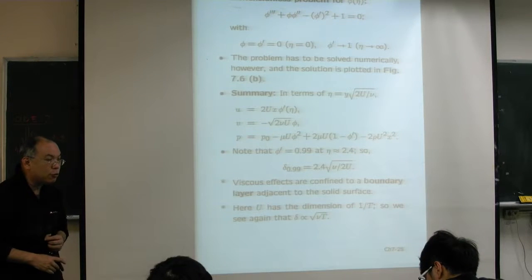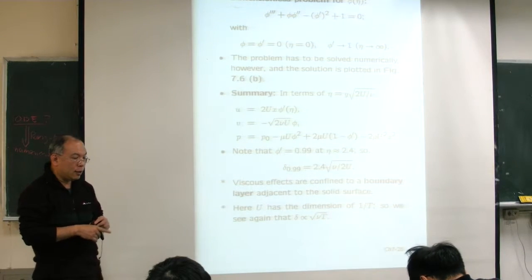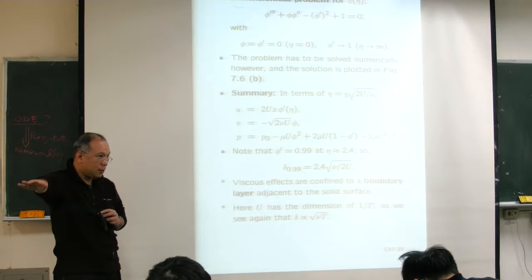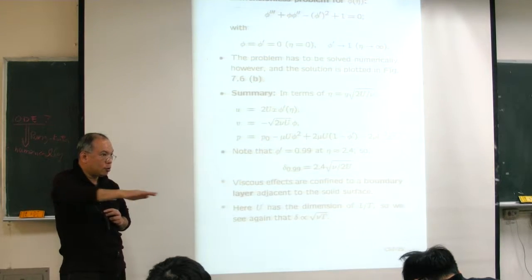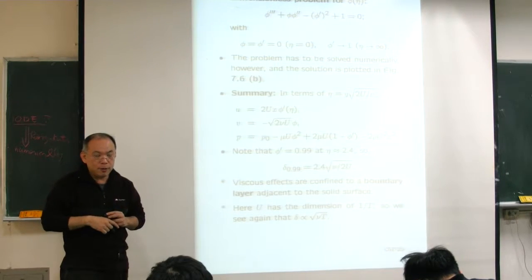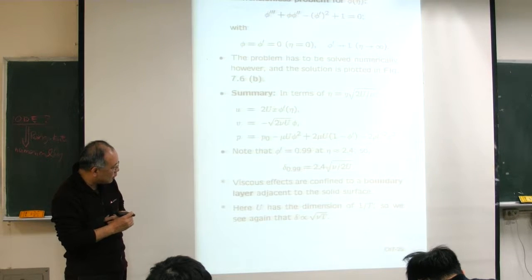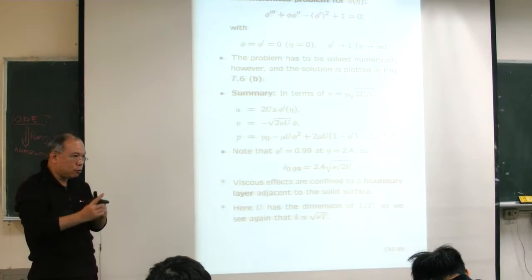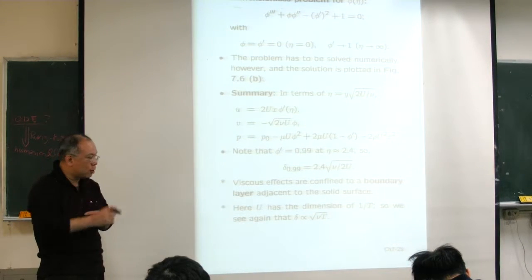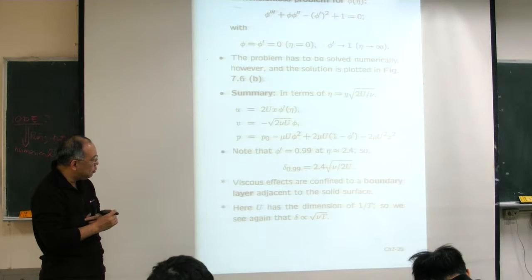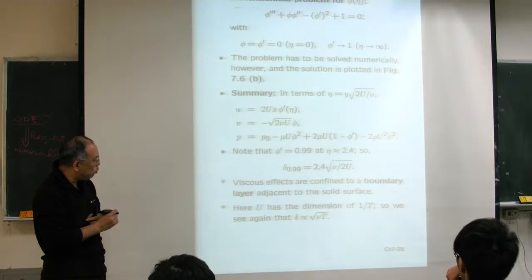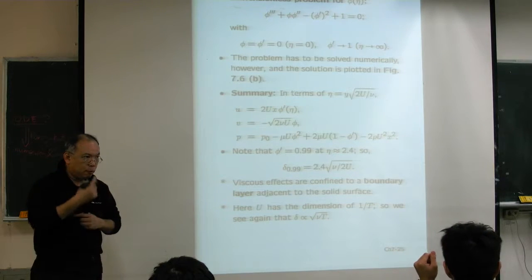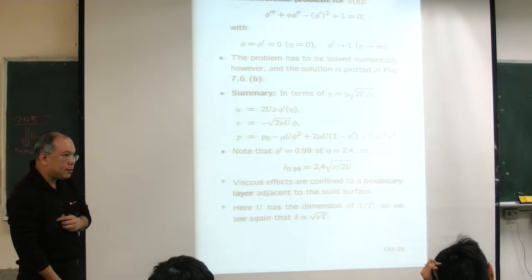Remember our viscous region in the Stokes first problem or Stokes second problem? Our viscous region scales with what? Scales with this, right? So how viscosity transfers momentum, how far it can transfer the momentum, is mu times a time. Take a square root, and it gives you how far the momentum can be transferred by the viscous effect.